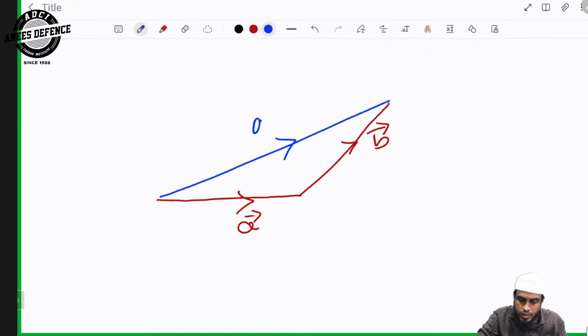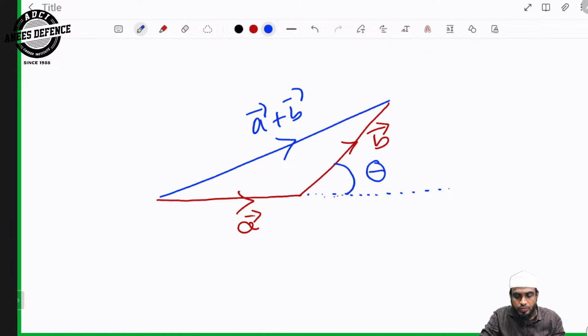This is actually A plus B. So if A is extended like this, the angle between A and B can be represented like this, theta. Angle between two vectors can be represented like this.